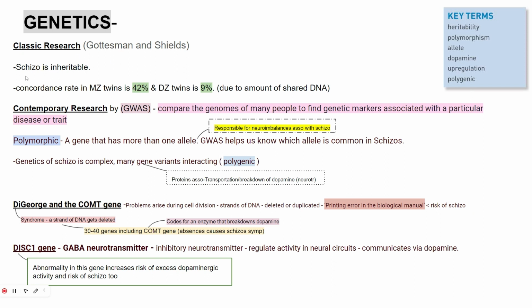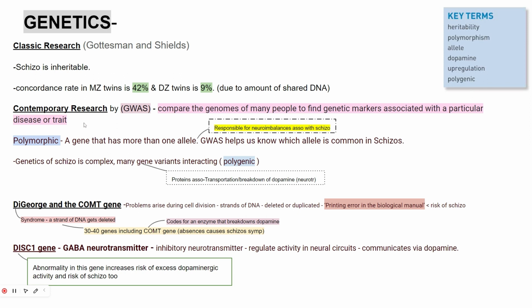They said that schizophrenia is in fact inheritable, and so they did a twin study where the concordance rate in the monozygotic twins, which share 100% DNA, was 42%, meaning out of 100 monozygotic twins, 42 had schizophrenia, both of them. And then dizygotic twins share 50% of DNA, and they got 9% concordance. So it was concluded that this was due to the shared amount of DNA.